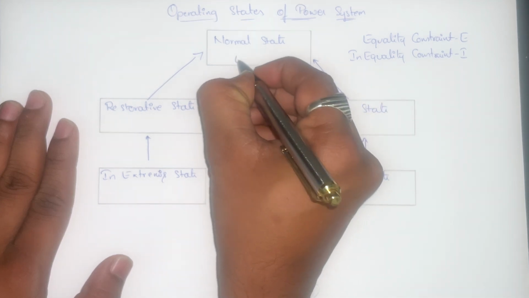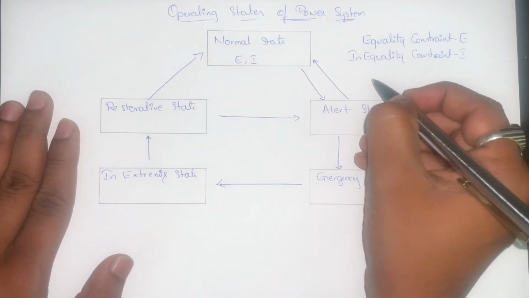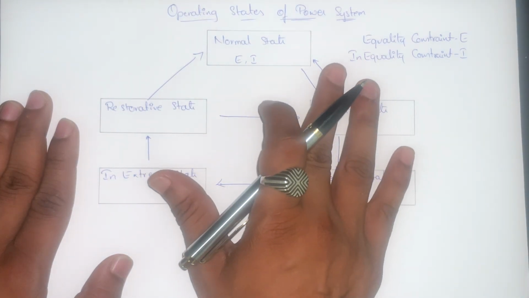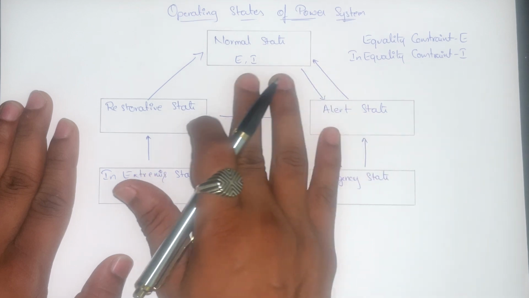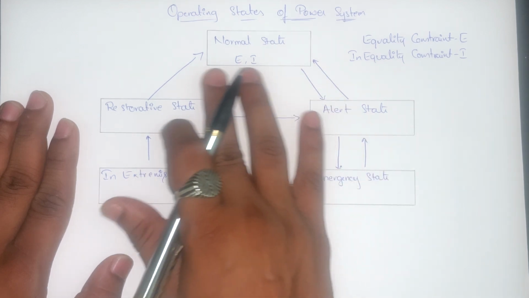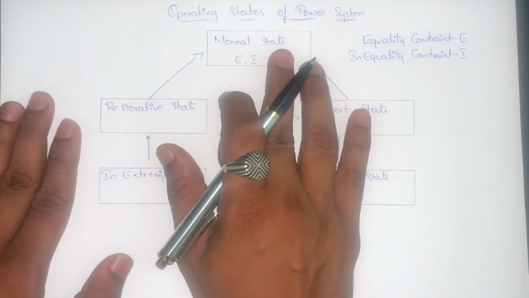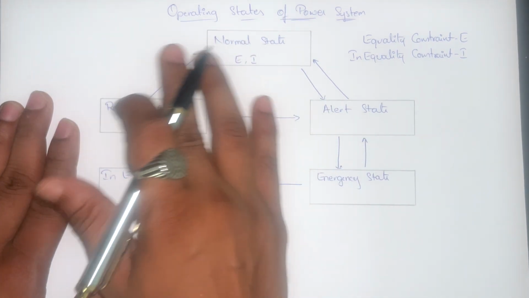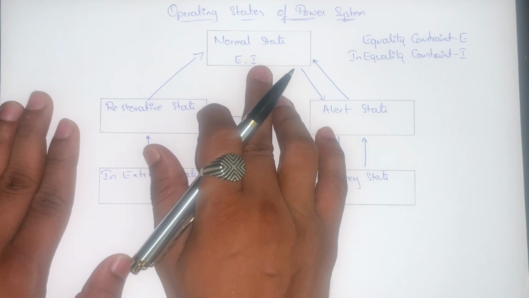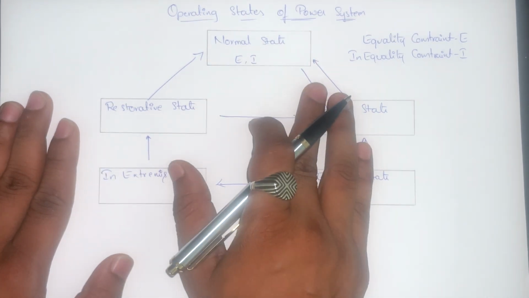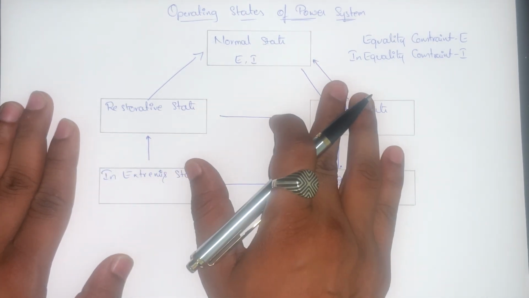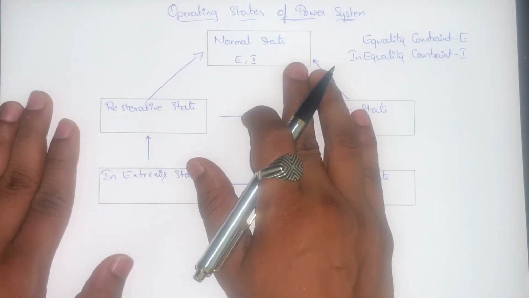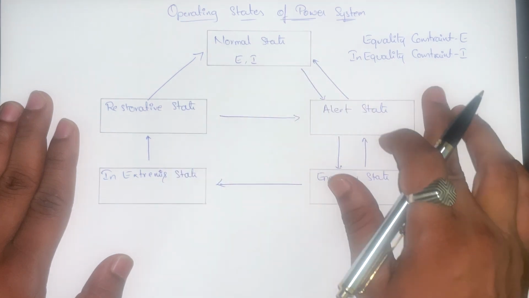We can mark it as E and I, both satisfied. The generation we have is sufficient to supply the demand. There is no excess generation needed in this state, and there is no overloading on the generators. We have sufficient reserve margins for security and for normal operation. That is what the normal state is all about.